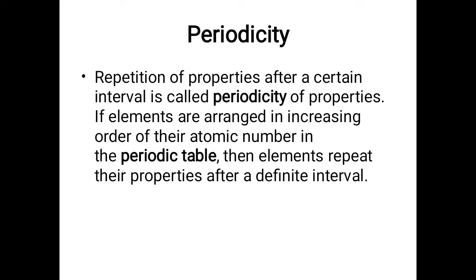Repetition of properties after a certain interval of space is called periodicity. If elements are arranged in increasing order of the atomic number, meaning the number of protons in their nuclei, and if atomic number is the reason for the classification of elements in the periodic table, then the elements repeat their properties after a definite interval.